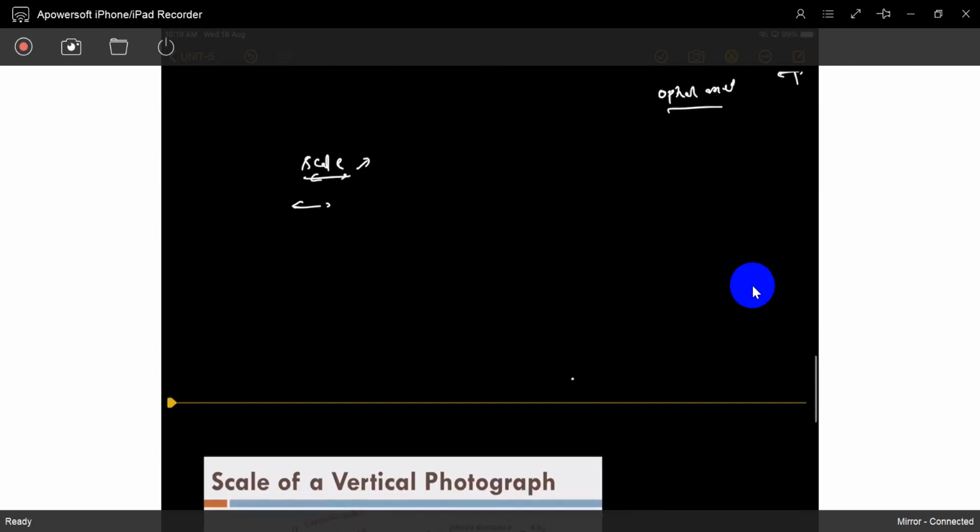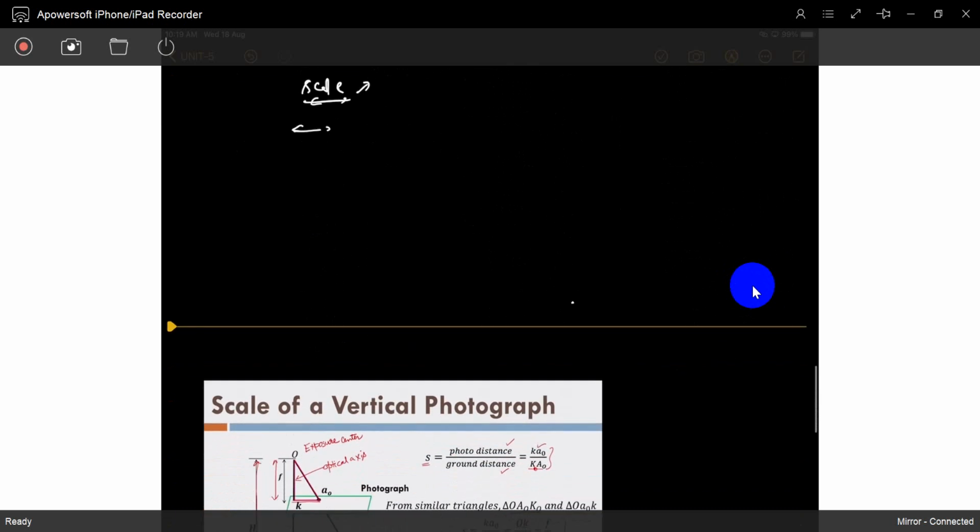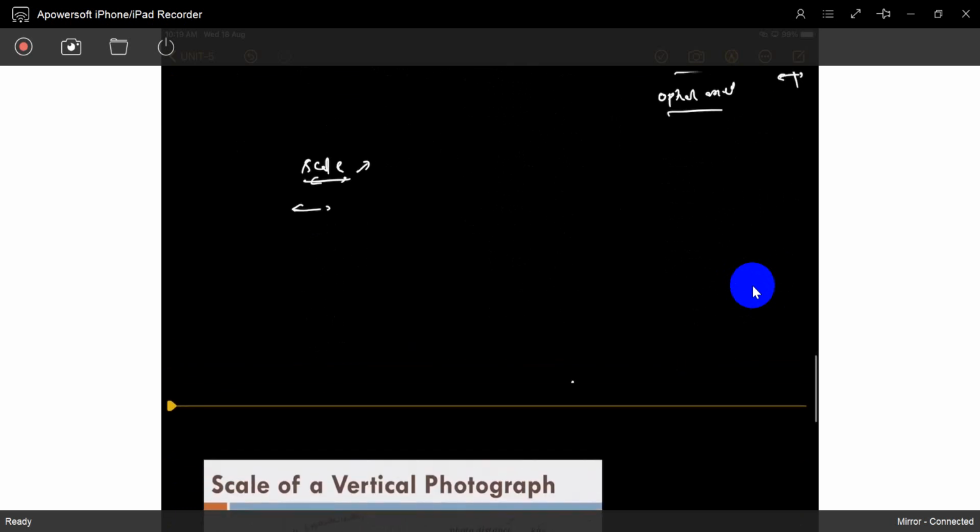Now finally we want to go to the scale of the photograph. On the ground there is some distance along the x and y axes, and in the photograph the same will come like this.